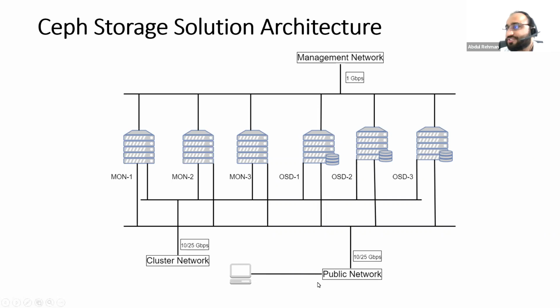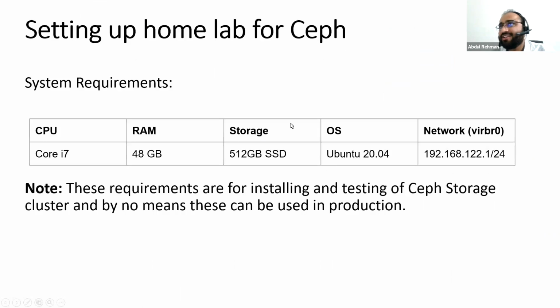Okay, then next we will move towards the actual deployment. I have deployed Ceph on my laptop as well. These are the specifications of the laptop I have: Core i7, 48 GB RAM and a 512 GB SSD.